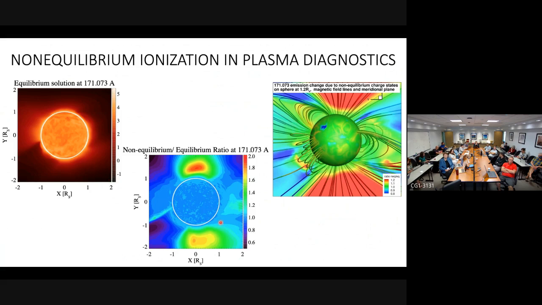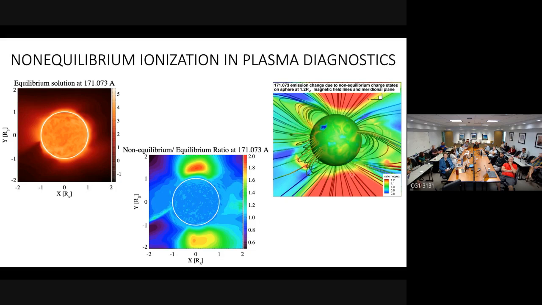Here I show the ratio that tells you that at coronal holes and the streamer legs, you have a significant difference, as expected, up to even 100%.